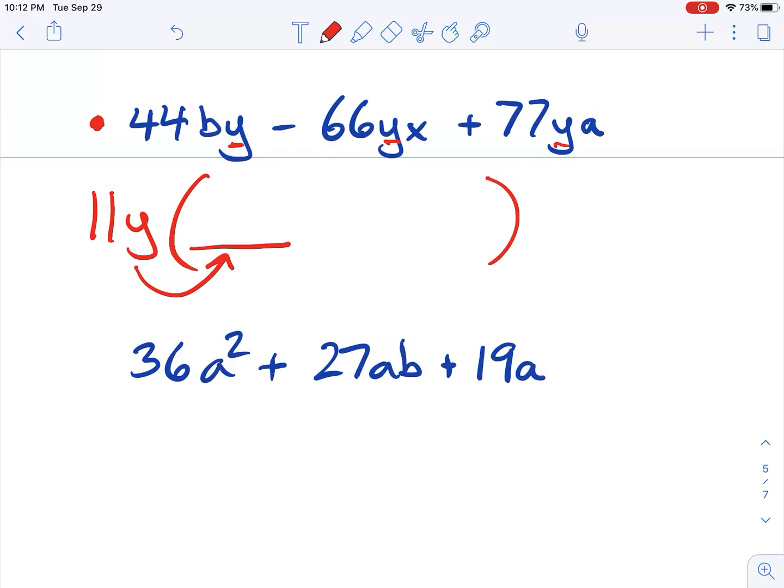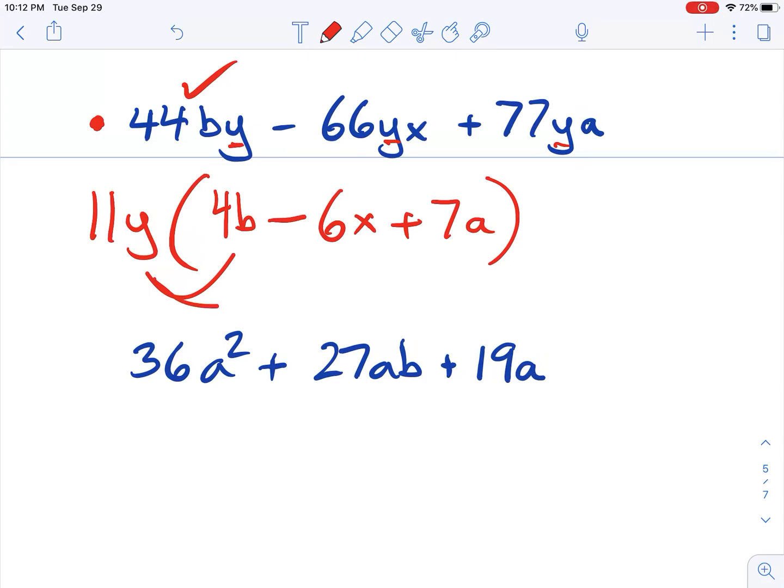So I would want a 4b. Subtract. All right, 11y times what will give me 66yx? And 11y times what will give me a 77ya? Now let's make sure that's right by just going ahead and actually distributing. 44yb, cool, minus a 66yx, cool, plus a 77ay, or ya, cool.